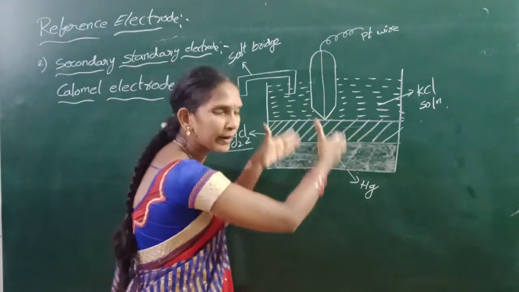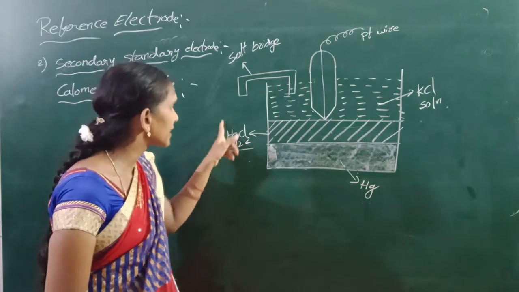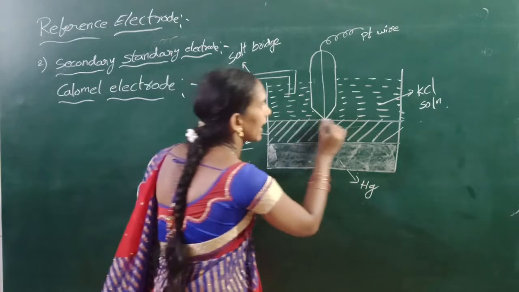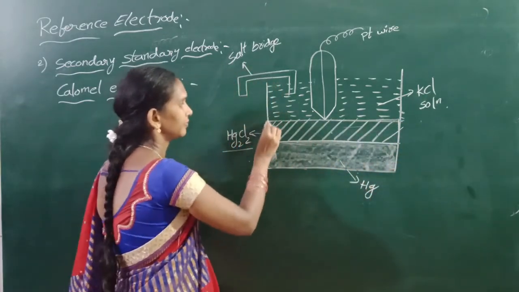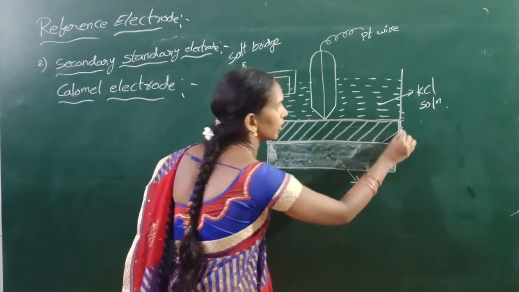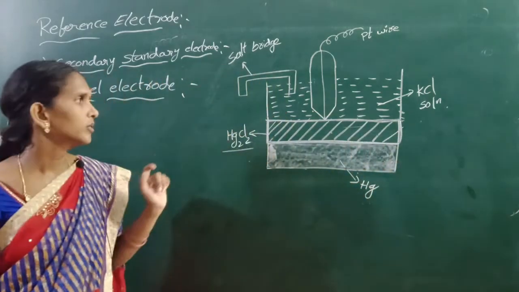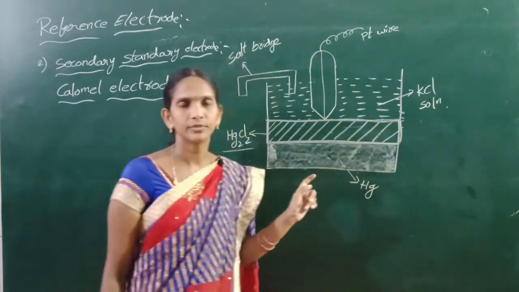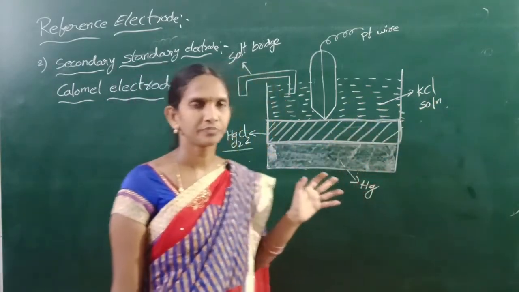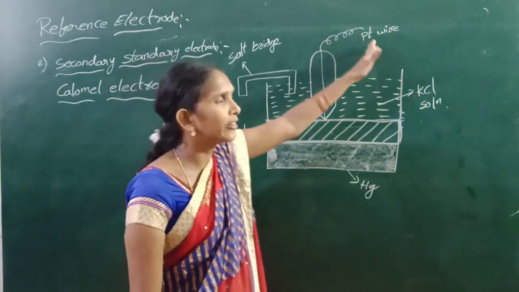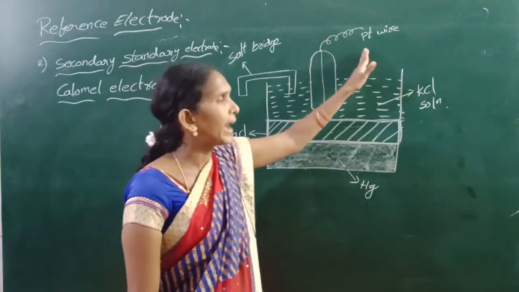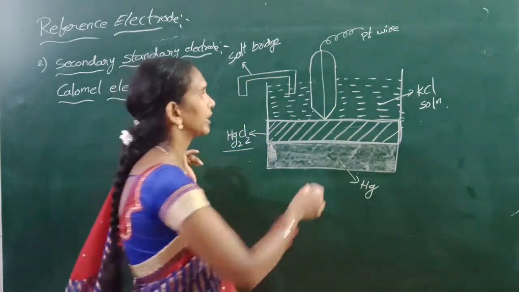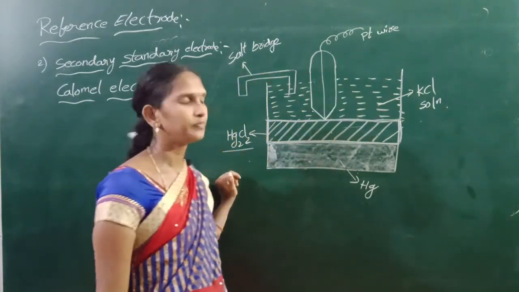This Hg2Cl2 acts as the calomel. This acts as an electrode. It is dipped in the standard KCl solution, and it has a platinum wire, which is used for the electrical contact.